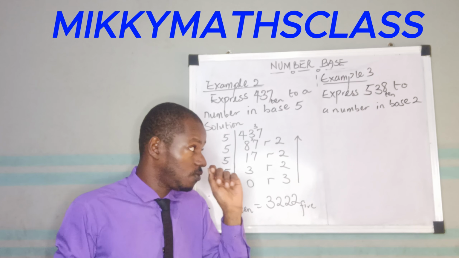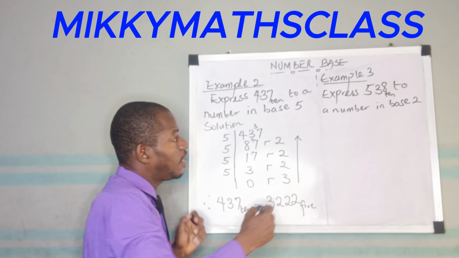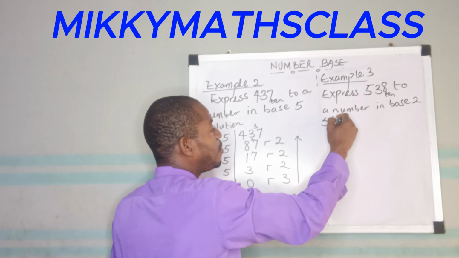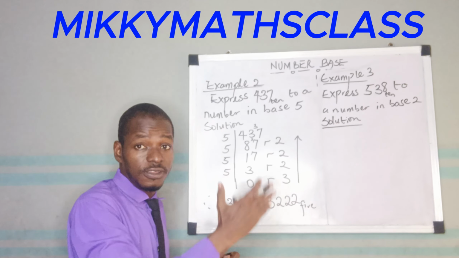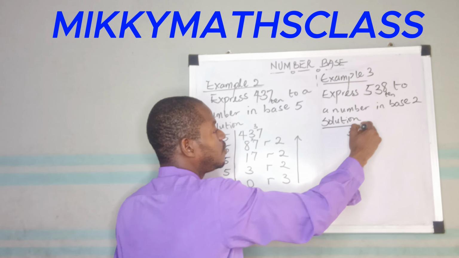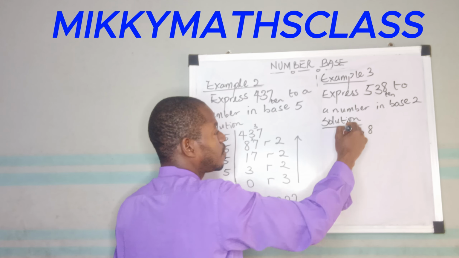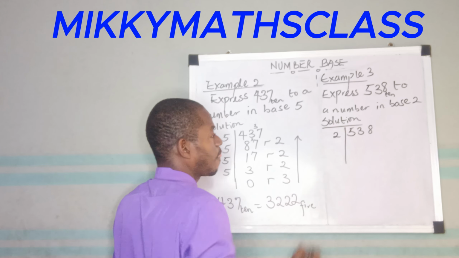Base 2 is also known as the binary base system. For us to express that number in base 2, the same pattern you have been doing, we divide by the base you are heading to. So this is 538. We are heading towards base 2, so you divide by 2.